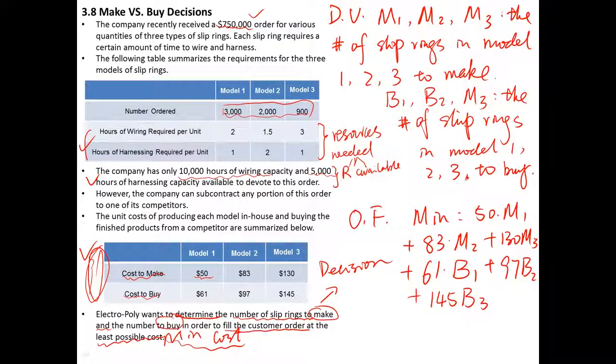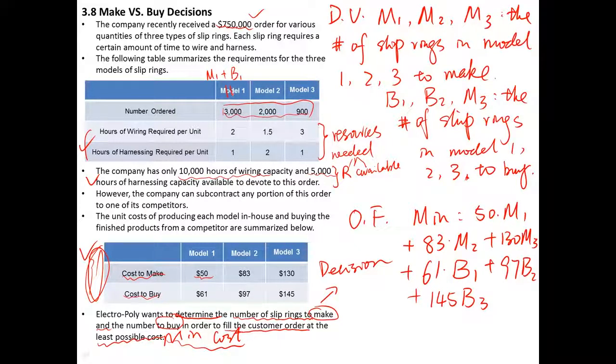Okay, so no matter how many of Model 1 you make and how many you purchase, altogether, they should fulfill this order of 3,000. Okay, so with this analysis, we know that the number we make and the number we buy add up together should fill this order. So that means it should be equal to this one.